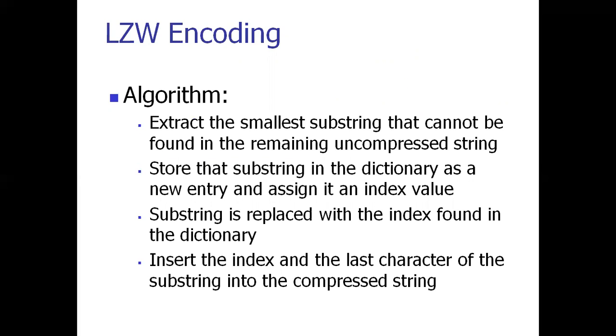That means if I have A, B, A, B, the smallest is A. So this is the first one I'll take. We store that substring in the dictionary as a new entry and assign it an index value. The substring is replaced when its index is found in the dictionary. So whenever the substring occurs, I'll give the index value from the dictionary. Insert the index and the last character of the substring into the compressed string.